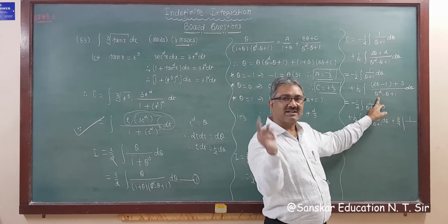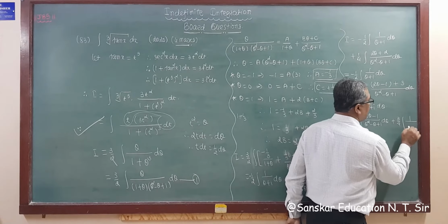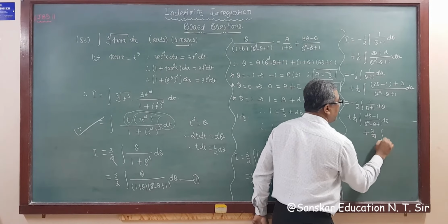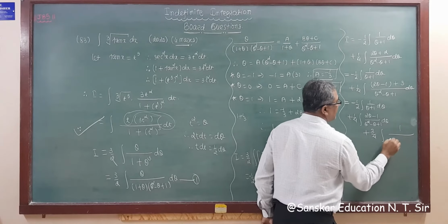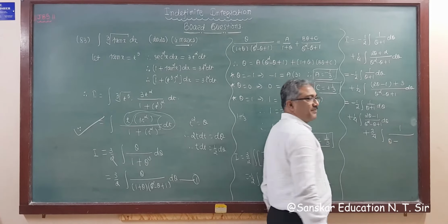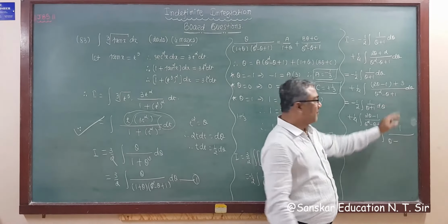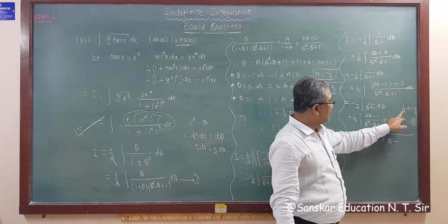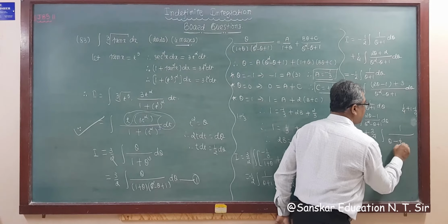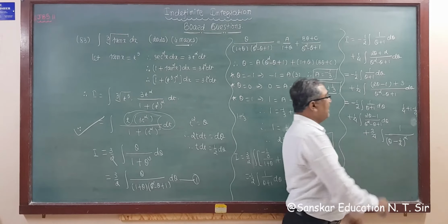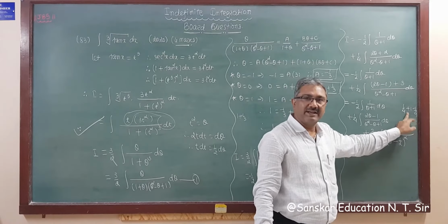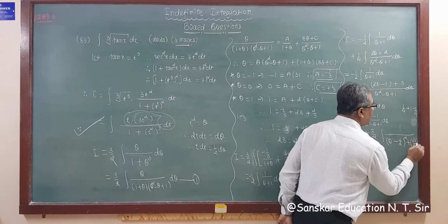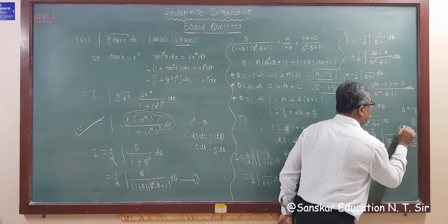I have to write here because we need more space, so 3/4 integration 1 upon theta square, that means theta minus, middle term is minus, now we have to add 1/4, so 1 upon 4 plus 1 minus 1 upon 4 is the last term. So this is 1 upon 2 whole square, that is theta minus 1 upon 2 whole square. Right? And 1 minus 1 upon 4 is 3 by 4, that is plus root 3 by 2 whole square, and this is d theta.